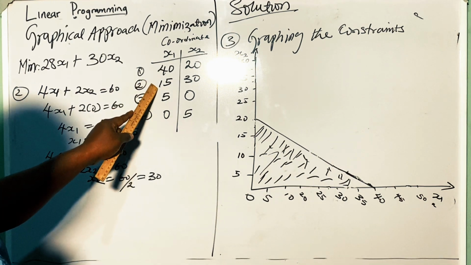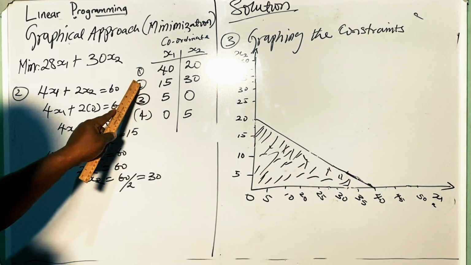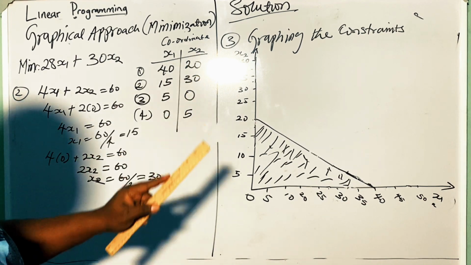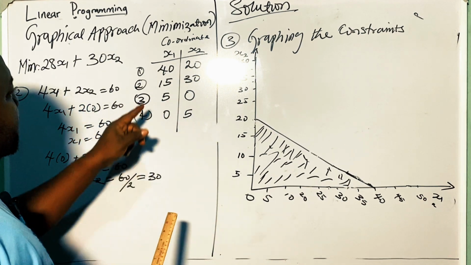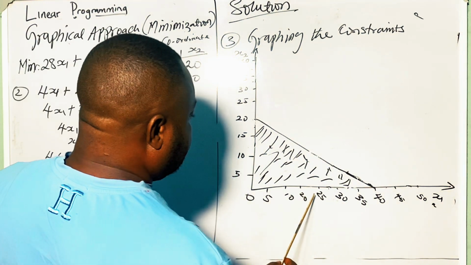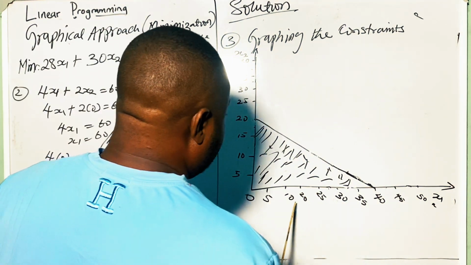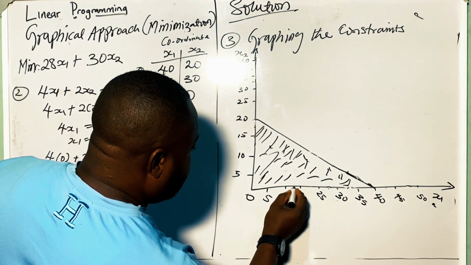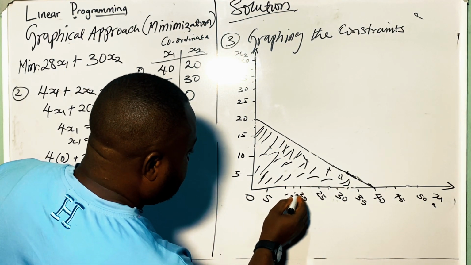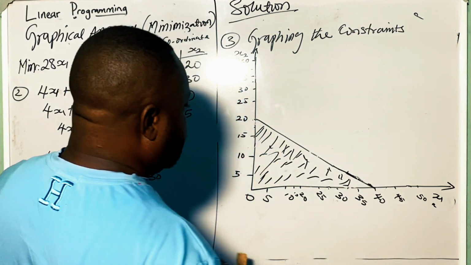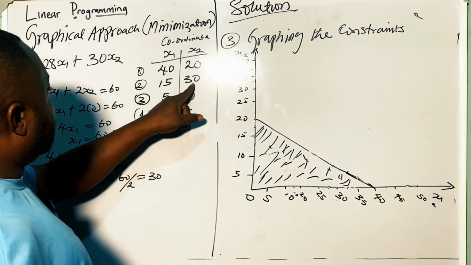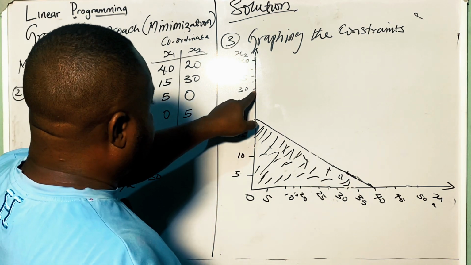Alright, for the second structural constraint, when x1 is 15, x2 is 30. So x1 is 15, which is somewhere here. Then x2 is 30, so this is 30.